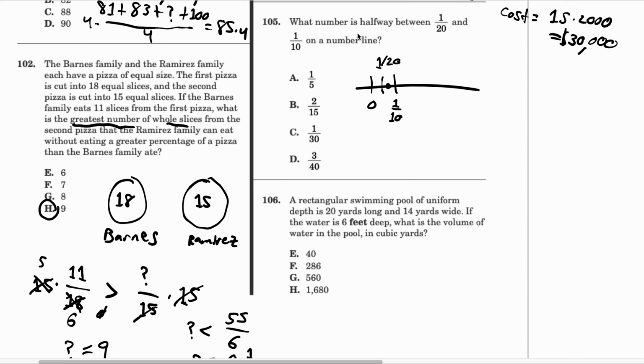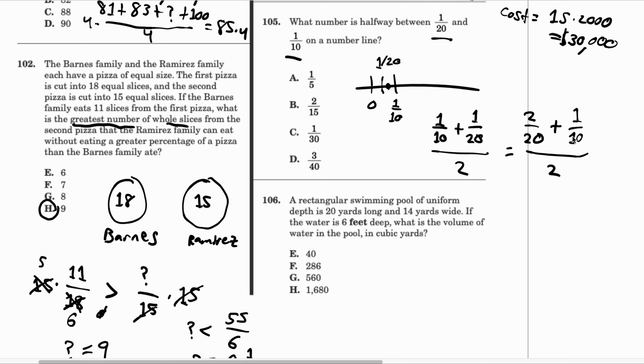So to get that halfway point, that's basically the same thing as taking the average between 1 over 20 and 1 over 10. Right? If we take the average of those two numbers, we're going to get the number in between. So to take the average of two numbers, we just add them together and then divide by 2. So first we're going to do this addition. So 1 over 10 can be rewritten as 2 over 20, and then this is 1 over 20.